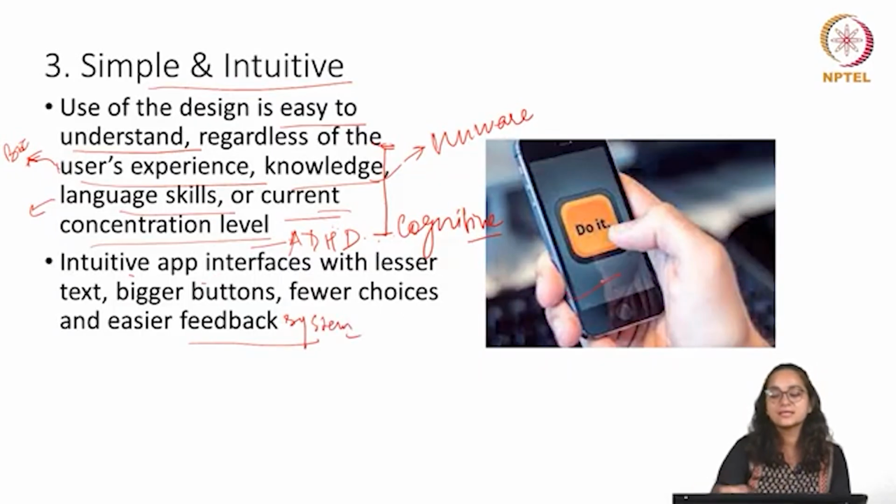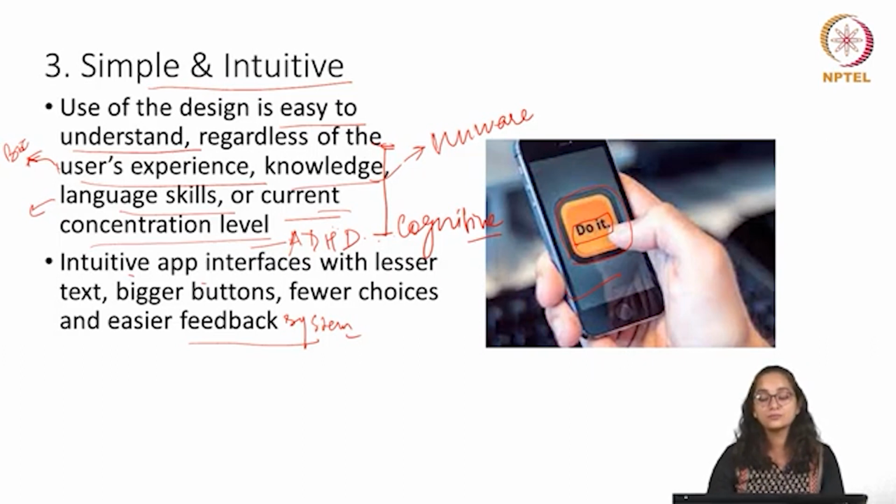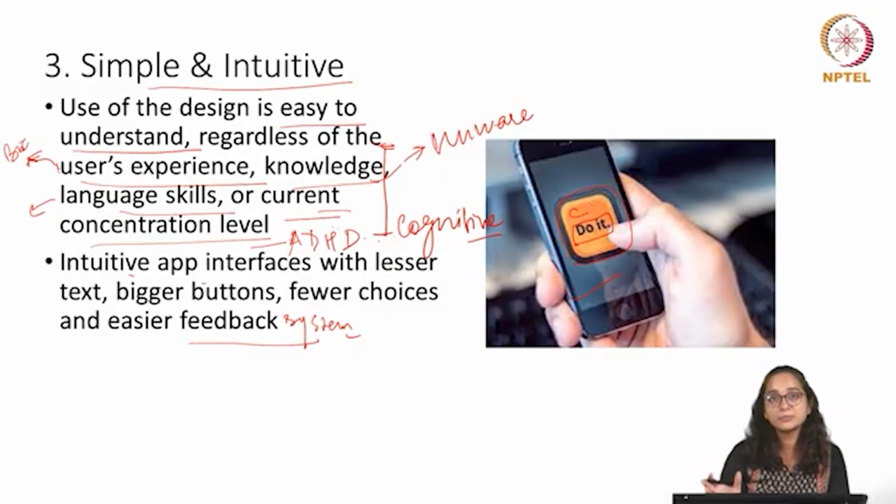So, this image is just an example where the signifier is easily identifiable, the button is easily approachable and clickable. It is easy to identify where the button is, it is easy to understand what the button is telling me to do. So, all of these aspects of a system make it simple and intuitive. You can look at different color schemes in order to make it more approachable or attractive to the user, so that they don't miss pressing the button if it is important to press the button.